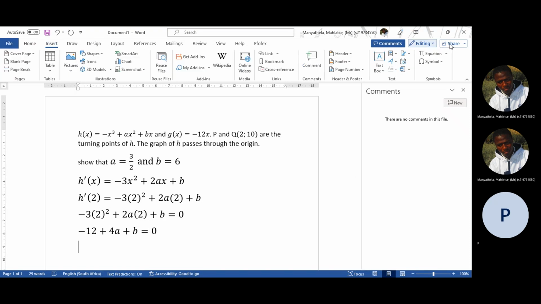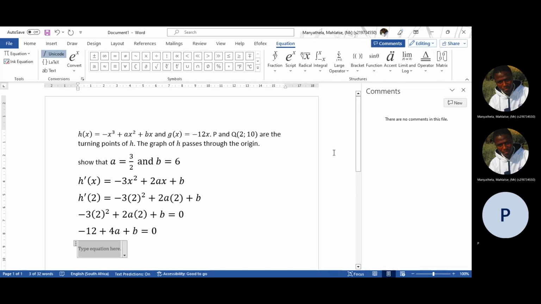So b is equal to 12, which was negative and becomes positive when it crosses the equal sign, and 4a, which was positive, becomes negative. So we have b equal to negative 4a plus 12. This is your equation 1.